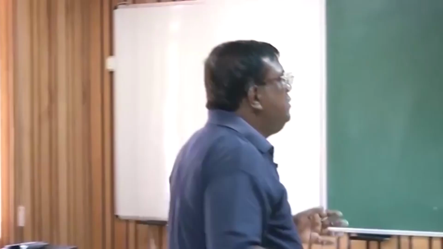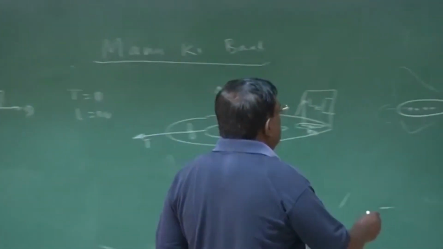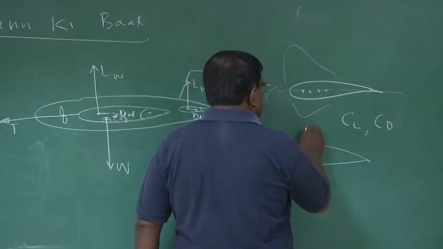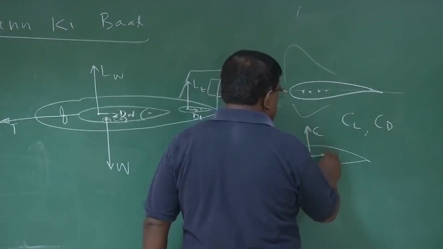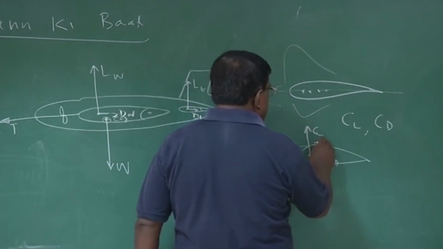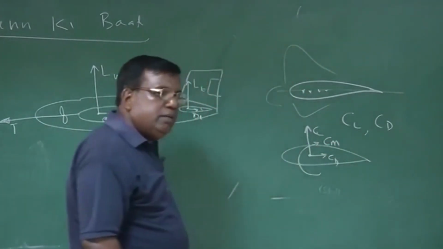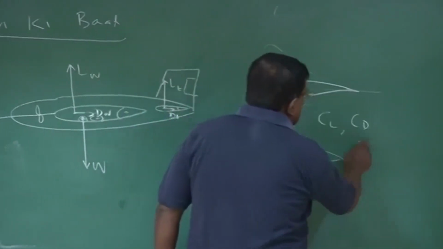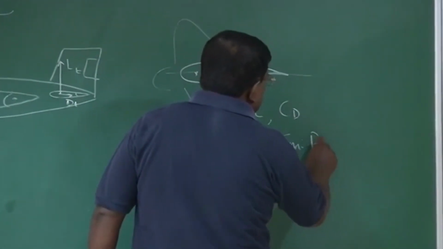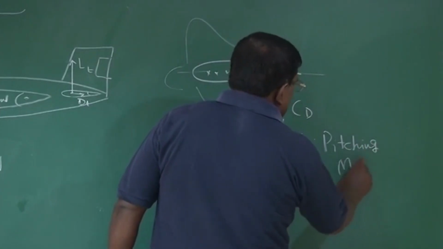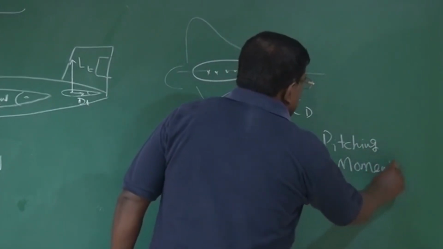So that I can simply draw an aerofoil, and I write, okay, this is the point, this is CL, this is CD, and whatever moment is there, I write CM. We have not discussed CM, but you take CM as pitching moment coefficient.